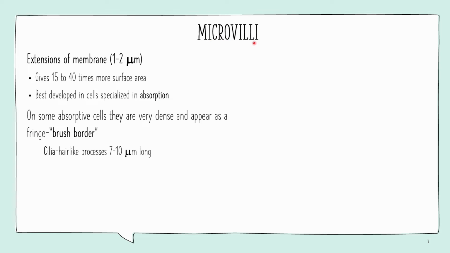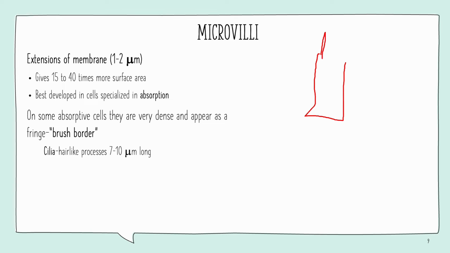Microvilli. Remember the cell where I showed you it had all the stuff inside of it? If you had looked at the very top, you would have seen some spikes. Let me see if I can draw it for you. So you have the cell. Excuse my drawing, I'm not an artist.